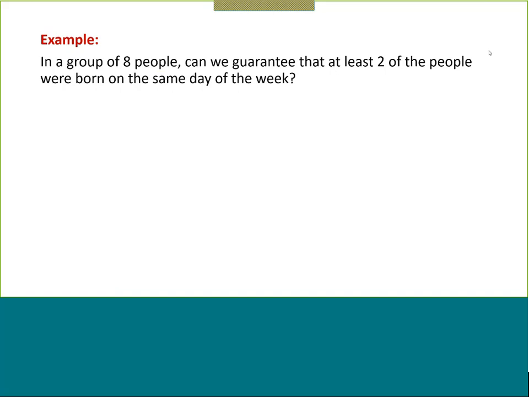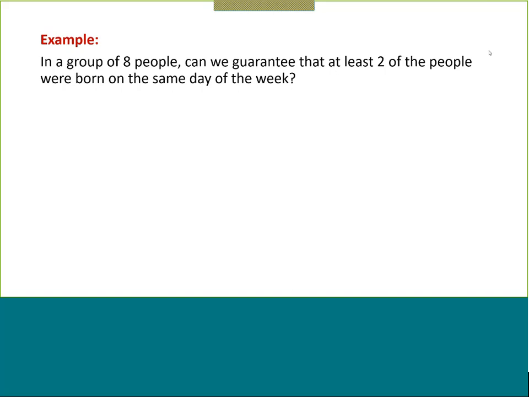The other classic question that is typically asked, and I'm not going to go over it, is, suppose you have a class of 35 students. Can you guarantee that at least 2 of the students were born on the same day of the month? So in that case, you're looking at days, like are they both born on the 2nd? It's the same type of question.